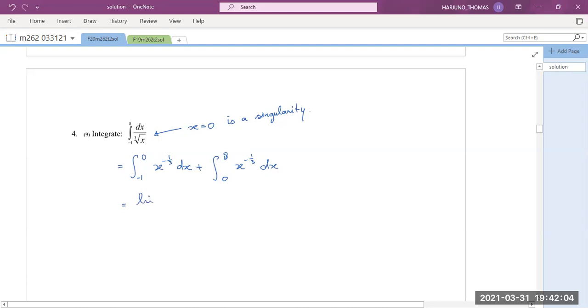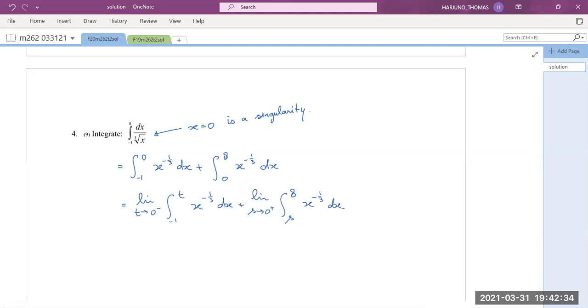And then the limit as t goes to 0 from the left-hand side, integral -1 to t of x to the power of -1/3 dx plus the limit as s goes to 0 from the right-hand side, integral s to 8 of x to the -1/3 dx. This way we do not replace x by 0 and get undefined.